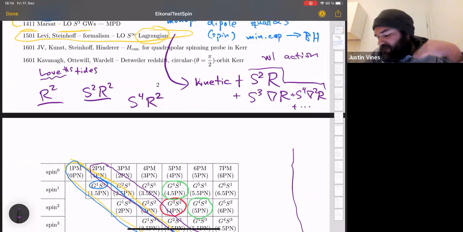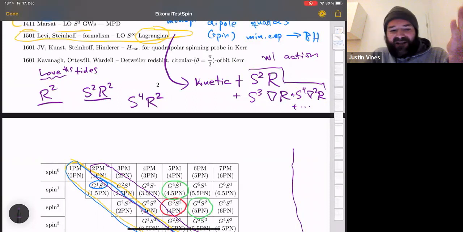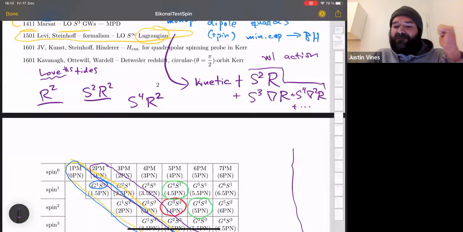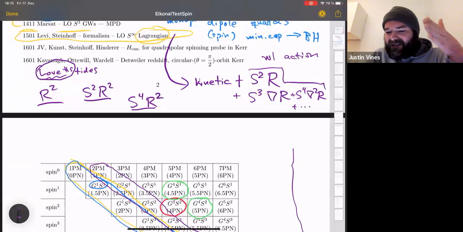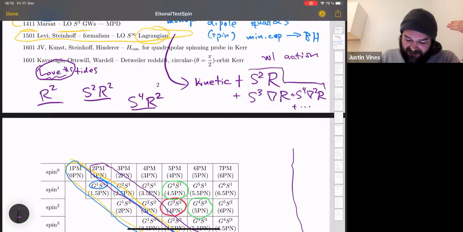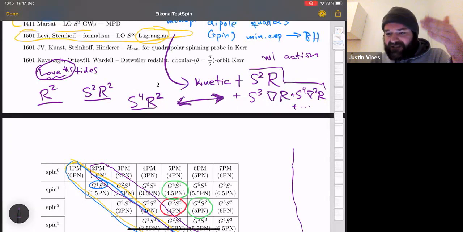And for black holes, there has never been a work yet that has said in 4 dimensions that these things should not be 0 for a black hole. Modulo, okay, things to do with absorption, maybe. However, it's still unclear in many of those works exactly how these Love numbers are defined in that context. It's not clear how they should be related to these Wilson coefficients and these actions over here.